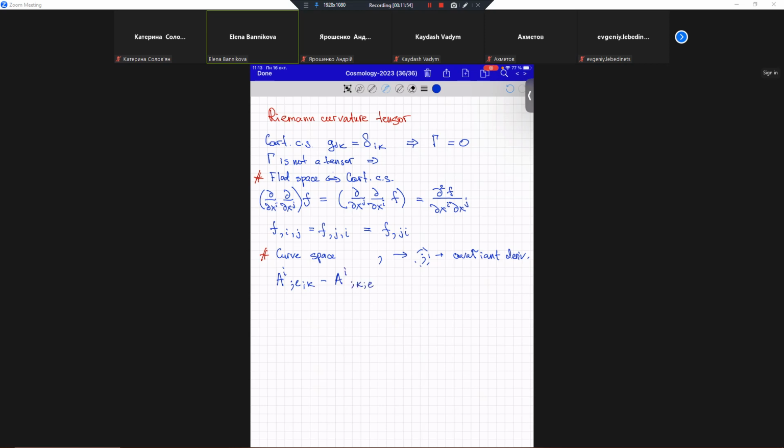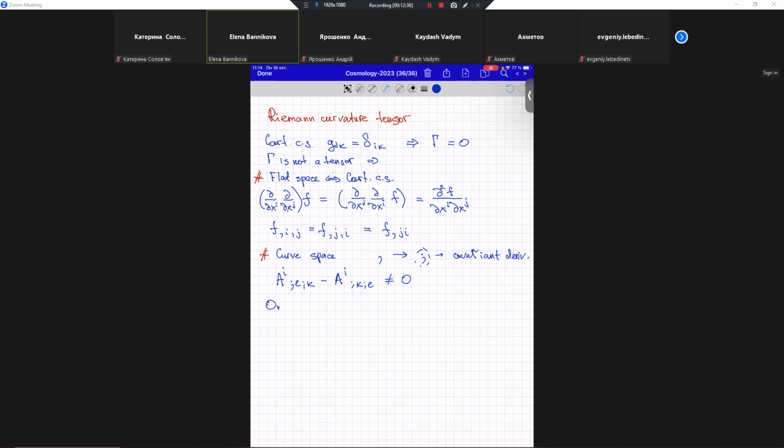You can see that I changed just the order in which I take the derivative. In this case, this final expression will not equal 0. So in the general case, the operation of covariant differentiation is not commutative. You can write it in your notes.